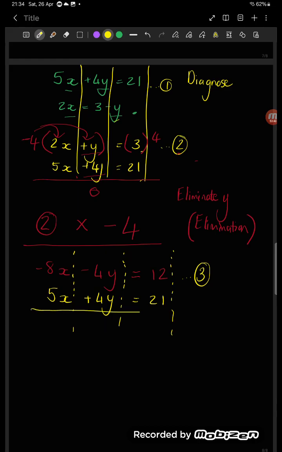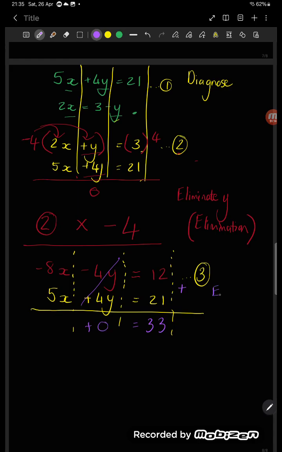Okay, and what is the answer to this guy? So, if I add them, 12 plus 21 is, I'm going 33. Okay, cool, 33. Then, this has eliminated the y. So I've got plus 0 here. You don't have to write plus 0.